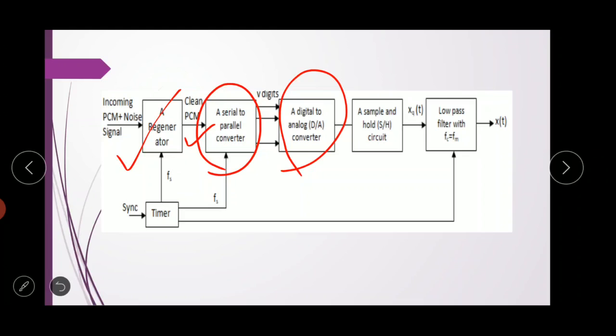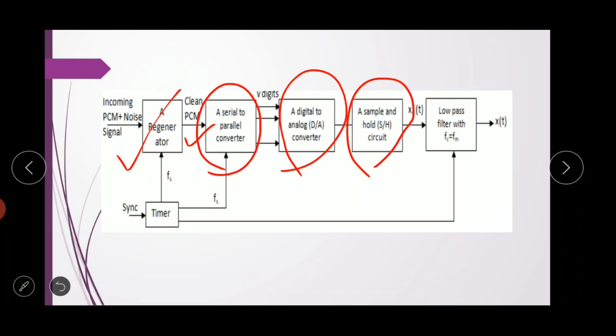Then the sampled signal is given to a sample and hold circuit that is used to again recover the original signal from those samples.